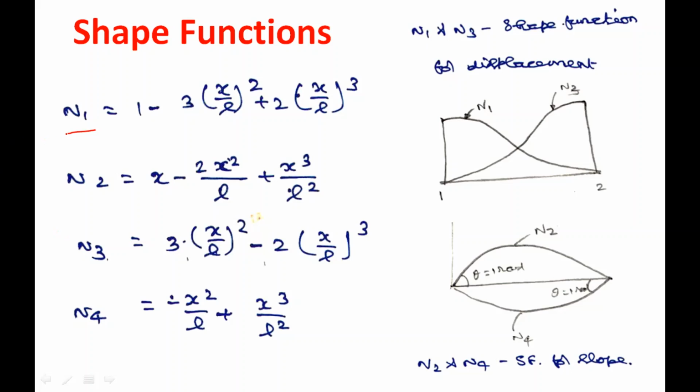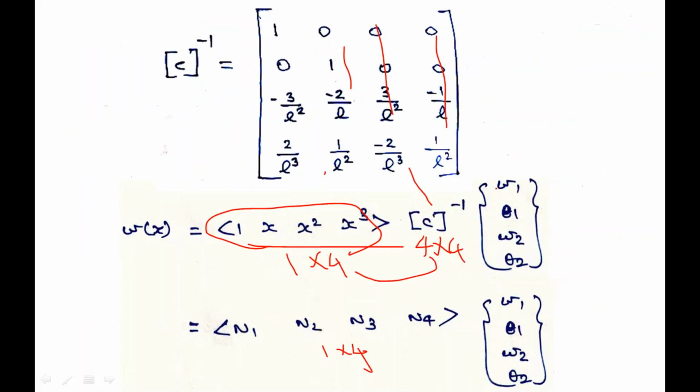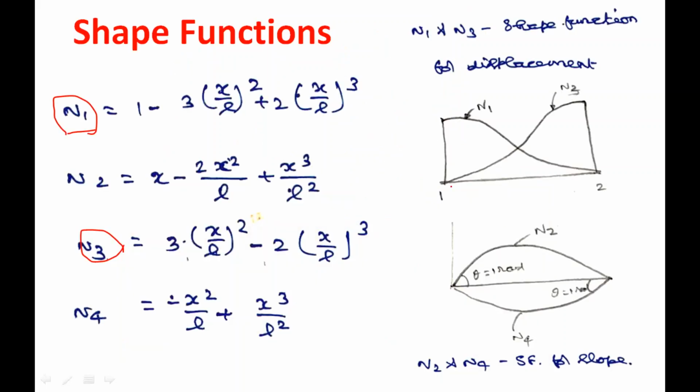Out of these four shape functions, n1 and n3 are for the displacements, here you see this is w1 and w2, and n2 and n4 are for theta. You see the graphical representation of these shape functions. n1 and n3 are the shape functions for displacement, and n2 and n4 are shape functions for slope.